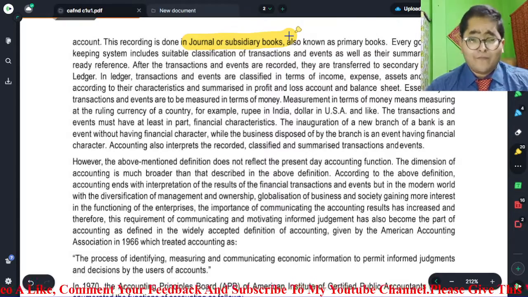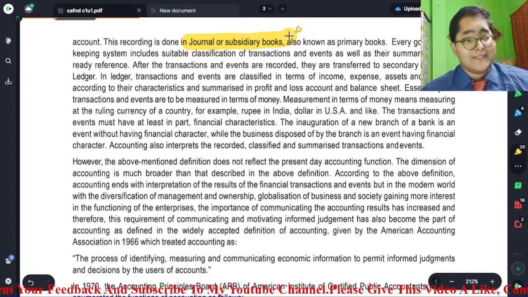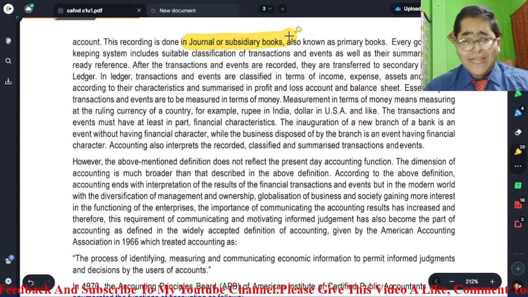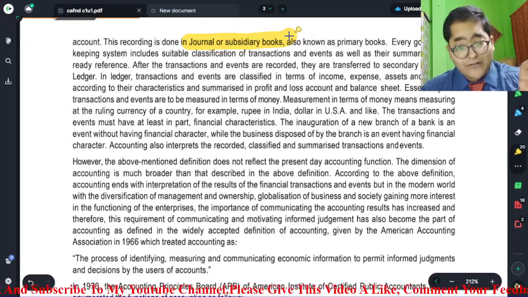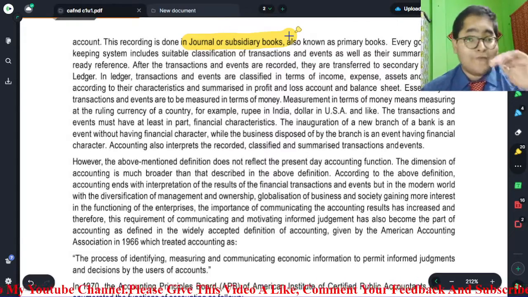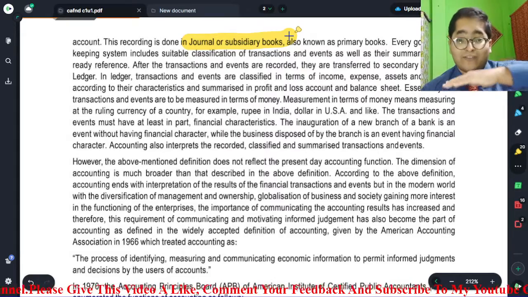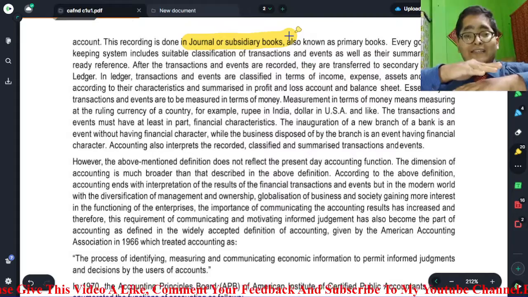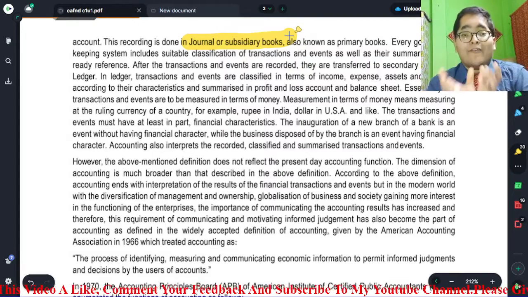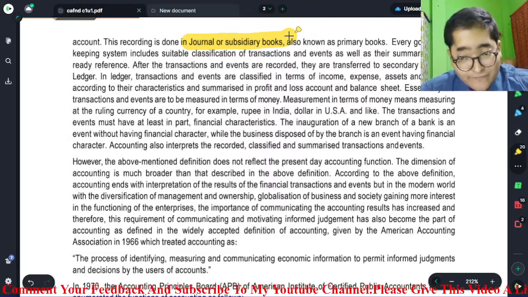I think you have all done these subsidiary books and journal entries in class 11 and 12. So the journal is the primary book. If the journal is the base and it is not there, how can you prepare a ledger, or how can a ledger result in a trial balance? That is why a journal is mandatory.